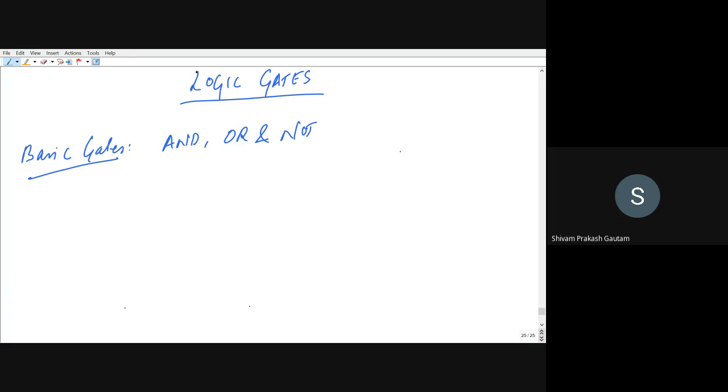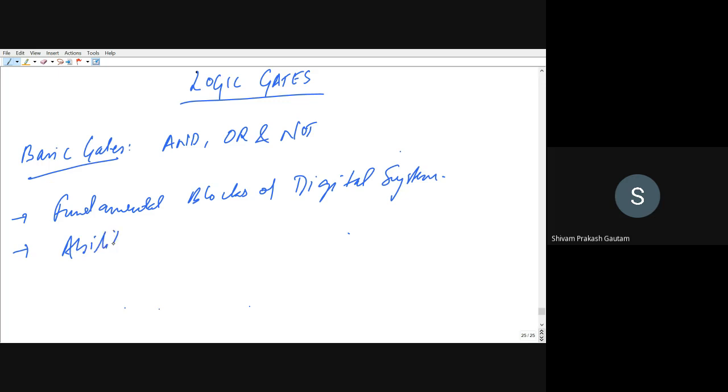Okay, so these gates are fundamental blocks of the digital system. These logic gates are the fundamental blocks of digital system, and they have the ability to perform decisions for the output.